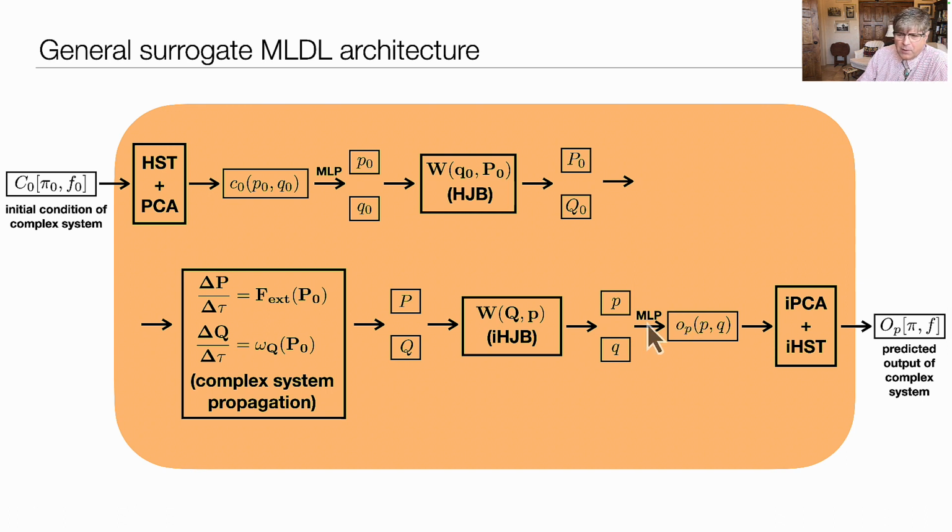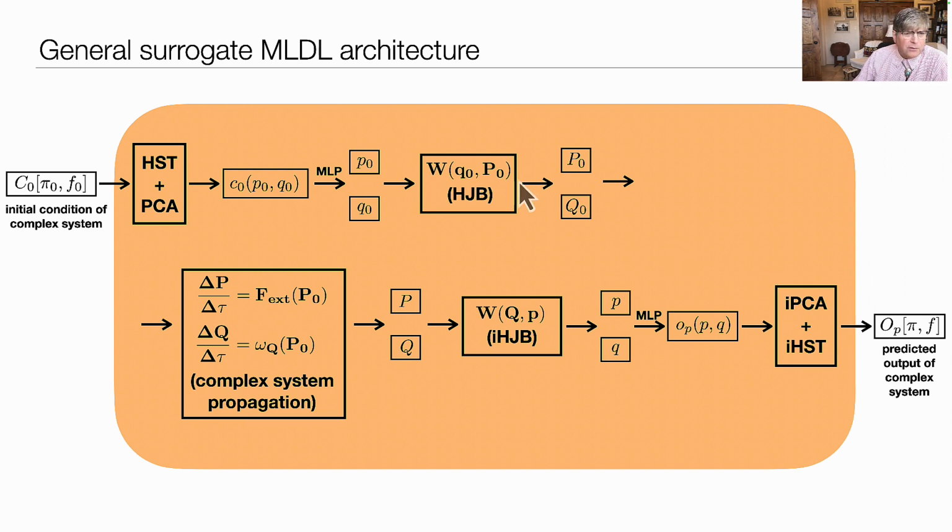You then have an MLP that takes those little p's and q's onto the output variable in the individual domain. And then finally you convolve those using the inverse PCA and inverse Heisenberg scattering transformation back into the output field domain, which is what is observed or predicted by the simulation.